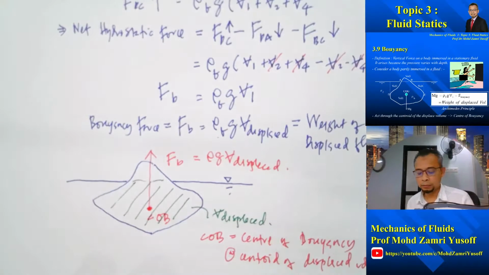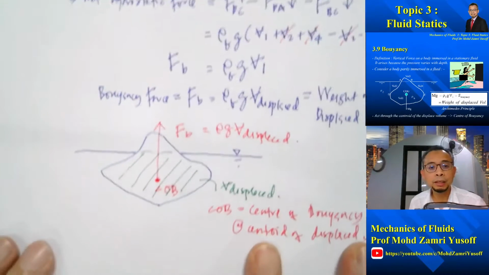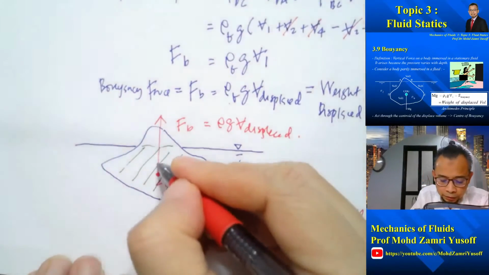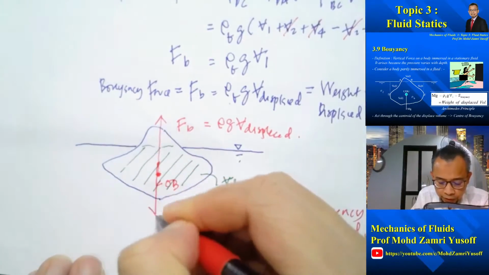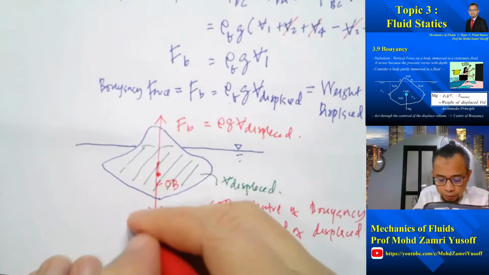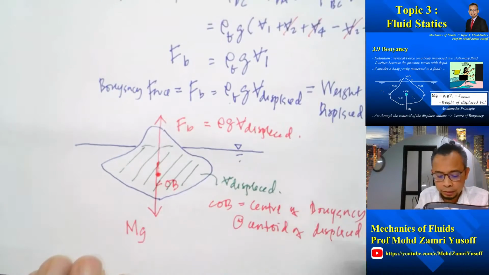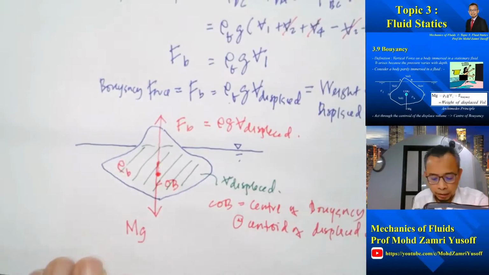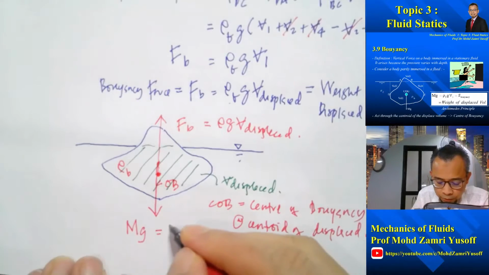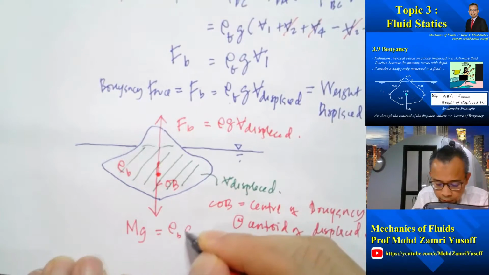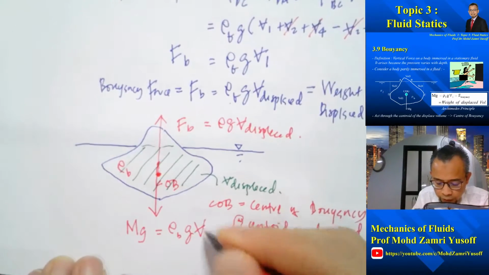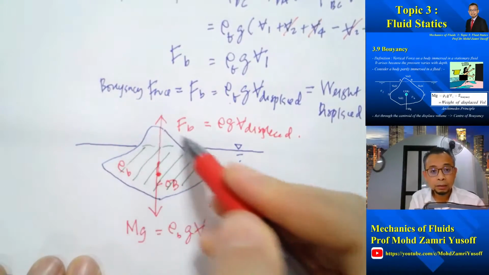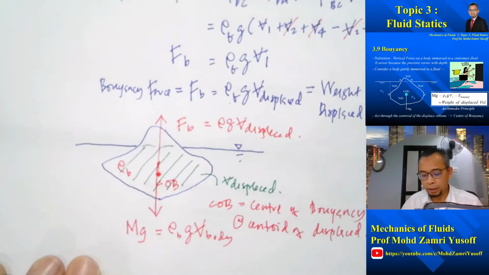And of course, since this is balanced by the gravitational force, there will be a gravitational force acting downward, which is equal to mg. If the density of the body is rho_b, this is also equal to rho_b g V_body, where V_body is the volume of the whole body.